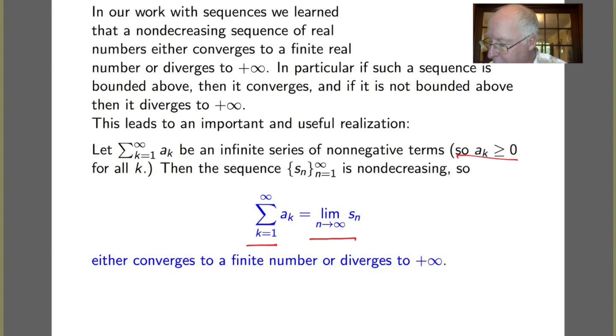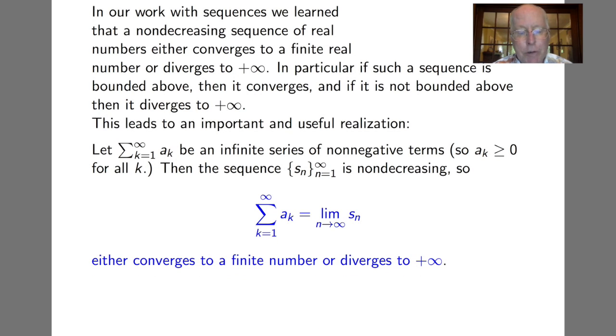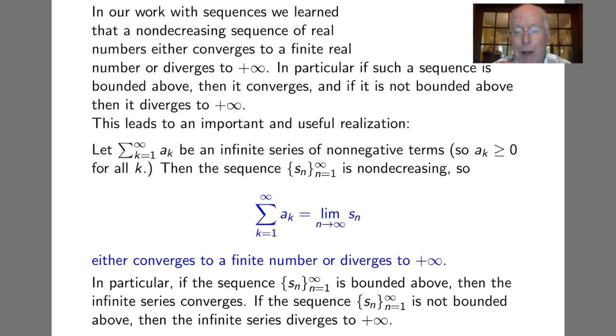And again, there's only two possibilities: the S sub n's converge to a finite number or diverge to plus infinity. Negative infinity is not an option. Oscillation is not an option. In particular, if the sequence S sub n is bounded above, remember the picture we drew a little earlier with the sequence staying below a horizontal line.